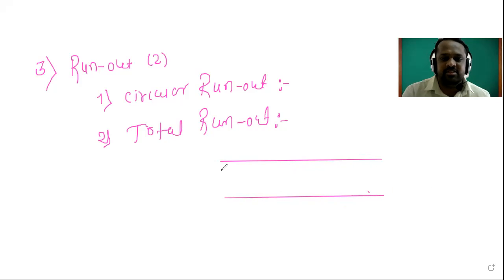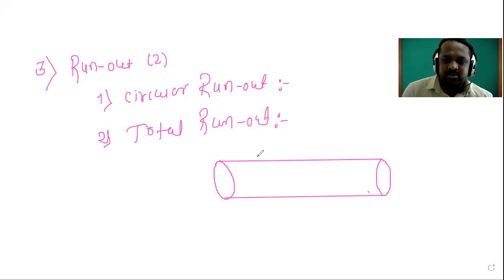Suppose this is the shaft, or one circular rod. And we have to check this circular runout.